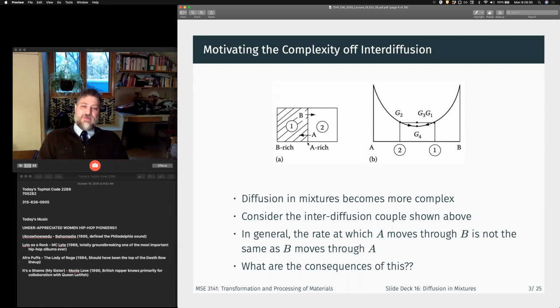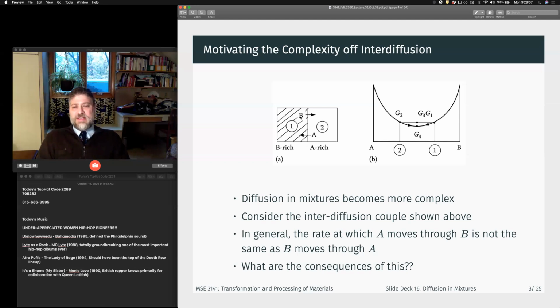If we think about this flux, if A moves through B faster than B moves through A, we're going to have a different flux, right? So what does that imply about our mass transport, right? I have more mass going this way than this way. So my interface needs to move. So the position of what I call my interface is going to change with time, right?